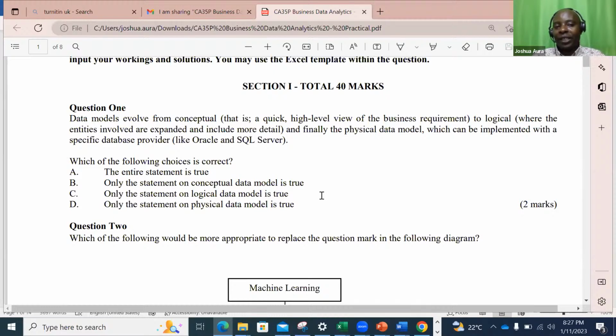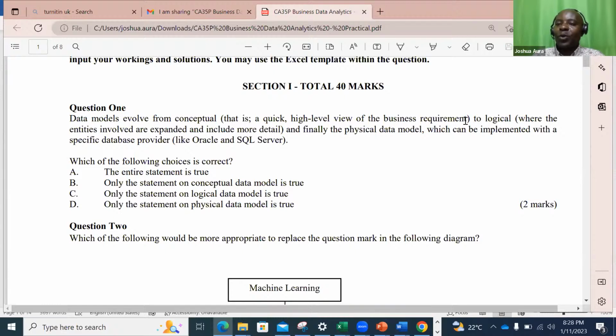you come up with a regression model. So these data models normally evolve from conceptual, which is a quick, high-level view of the business requirement, to logical, where you provide relationships.